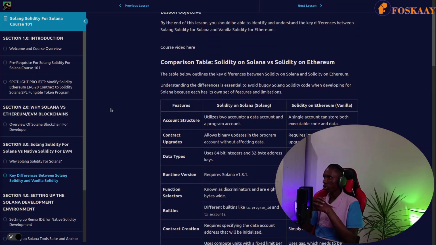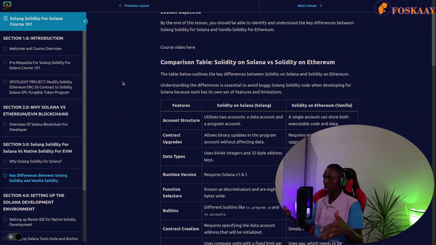In terms of account structure, Solidity on Solana utilizes two accounts, a data account and a program account. For resources like that, you can always check out our blog on the Programming University, or what we share in the Discord or to the community. We have some resources that could help you learn more about this. I think in the previous lesson I linked it up as well. This account structure demands two things: you need two accounts for it to work.